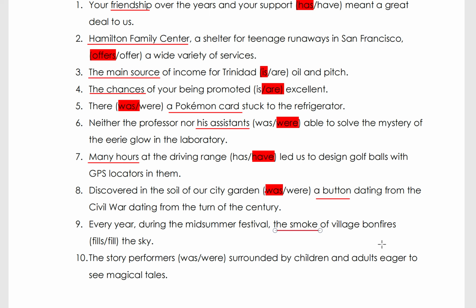The smoke here is plural, even though there is no s, and because it's plural, we have to choose a verb that is plural as well. So our answer here is "fill."